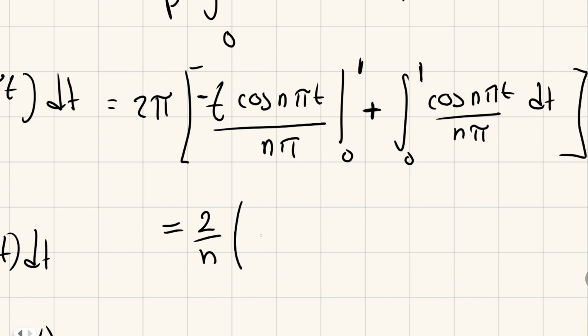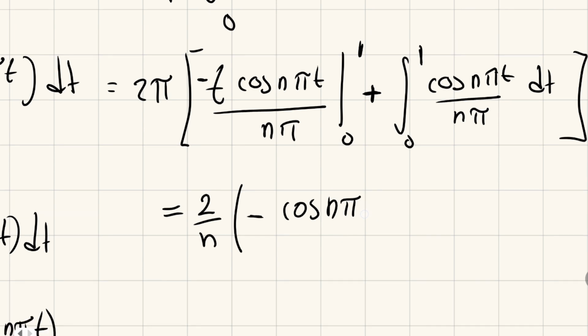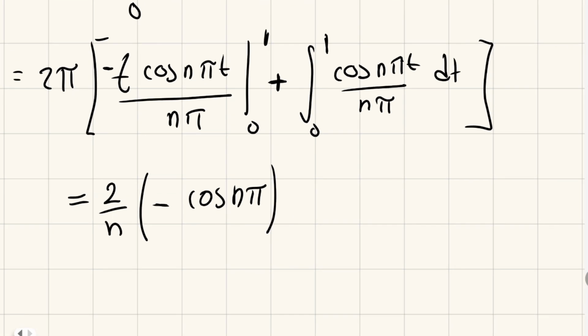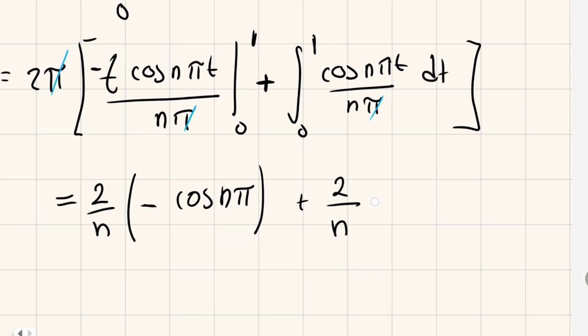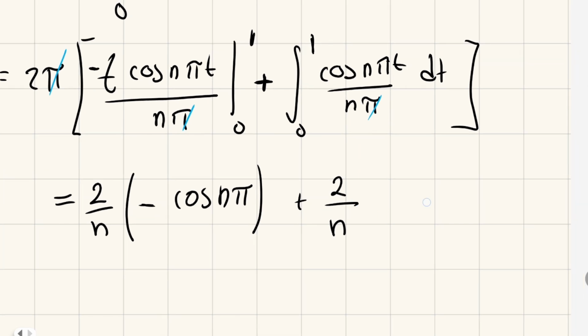And here we are going to have minus cosine of n pi. Okay, perfect. So here we are going to have again 2 divided by n, cancelling this pi with this pi and with this pi, and the integral from 0 to 1 of the cosine of n pi t.